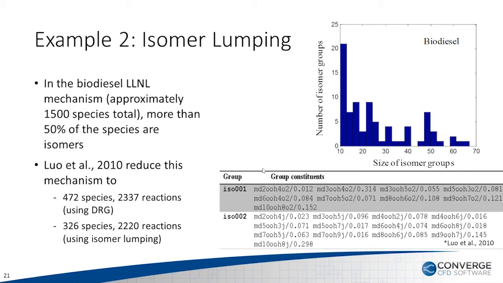For example, once we reduce this mechanism with DRGEP and sensitivity analysis, we reduce from 1,500 species to 472 species. Then we run isomer lumping on this reduced mechanism. We can reduce the mechanism by 3 to 6 species. It's almost a 20% reduction in the number of species.